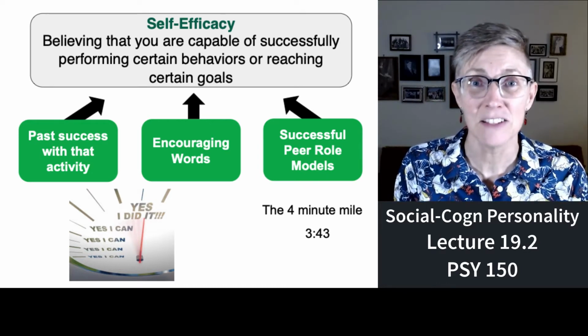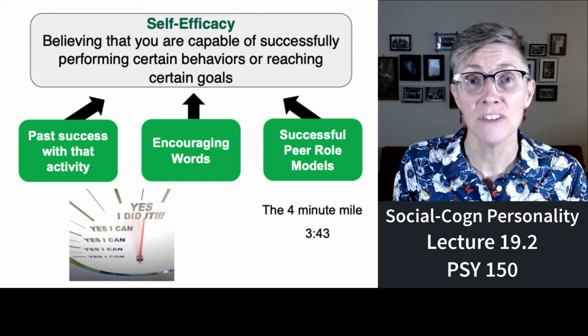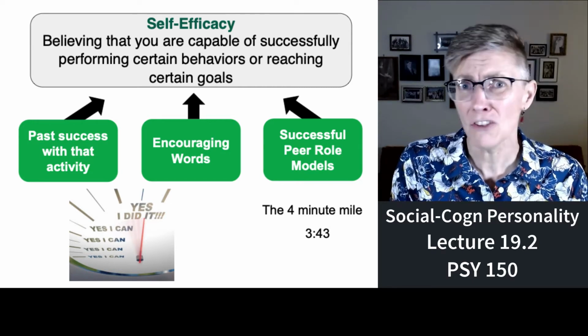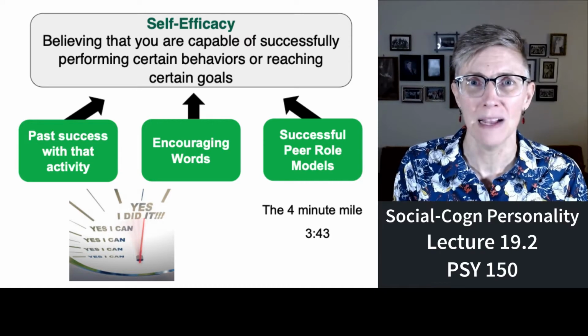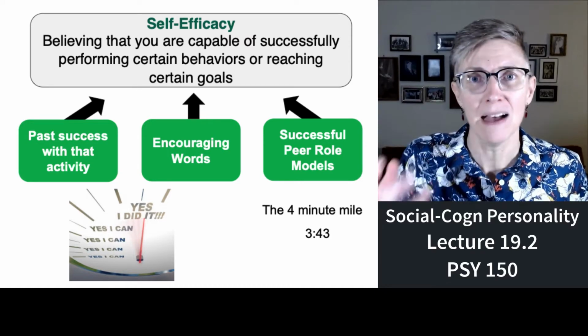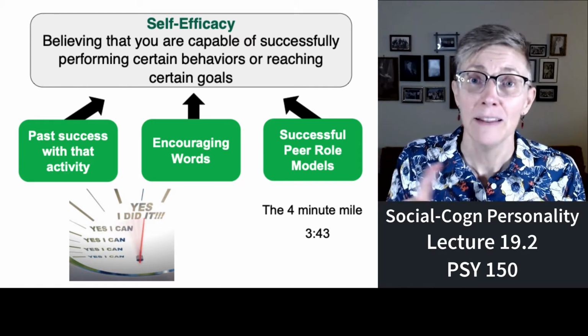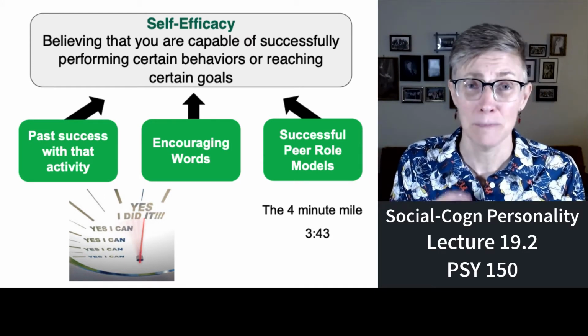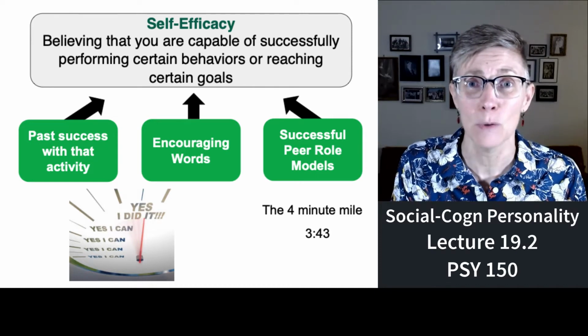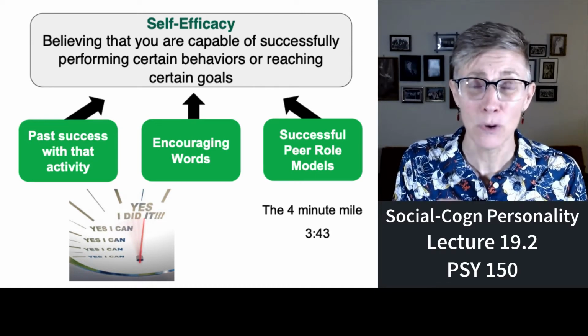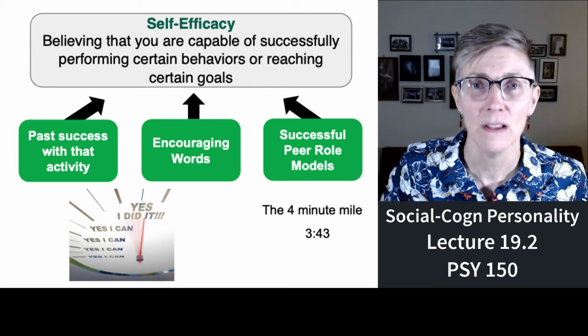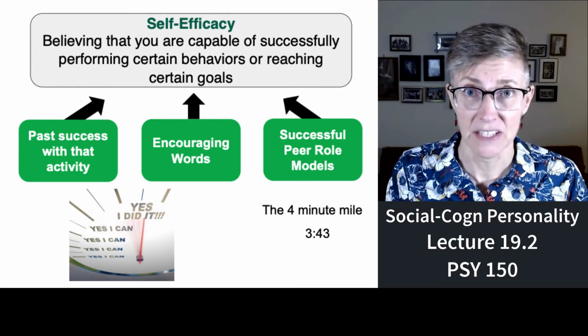But then someone finally did it, and once he did it, all sorts of people started running the 4-minute mile. Once you see that something is possible to do, it opens up doors. It's incredible. Now, by the way, the record for the mile is a lot less than 4 minutes. It's 3 minutes and 43 seconds. Amazing. Okay, that was self-efficacy.